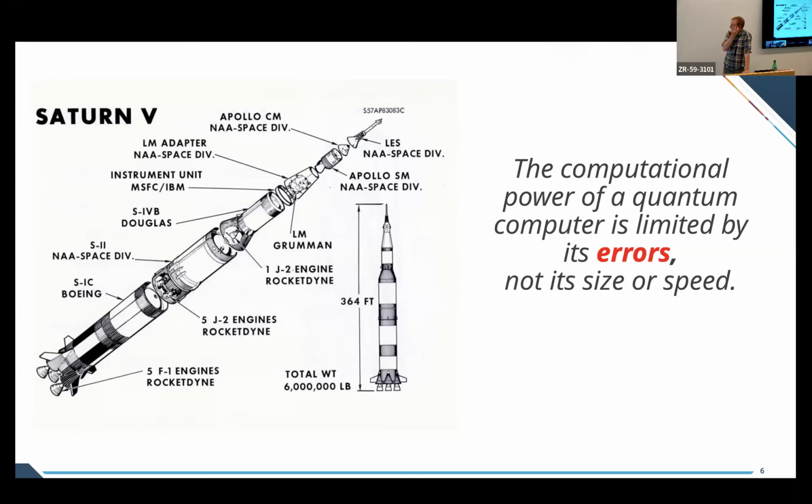This is a Saturn V rocket, not a quantum computer, but it does, I think, convey one useful analogy here, which is the entire purpose of the Saturn V rocket was to put 500 pounds of people on the moon, right? And it weighed 6 million pounds.